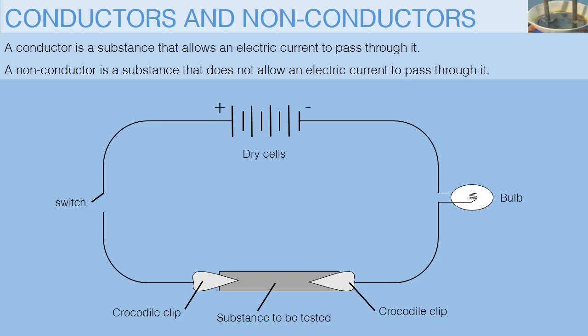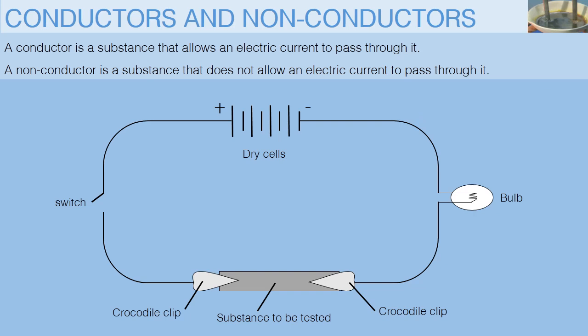Substances that conduct electricity include metals. This is because they have delocalized electrons. We also have non-metals such as graphite that can conduct electricity. I'm sure you remember this from your structure and bonding topic.